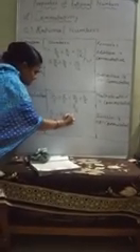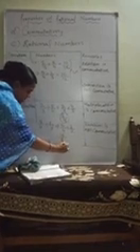We write 5 by 4 into 3 by 2, and the answer is 15 by 8. Both are not the same: here 8 by 15 and here 15 by 8. So we conclude that A divided by B is not equal to B divided by A. We write that division is not commutative in rational numbers.